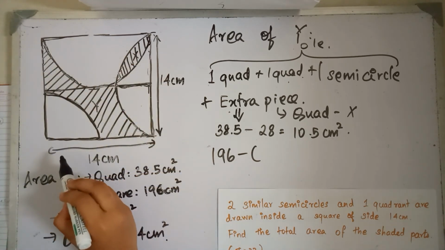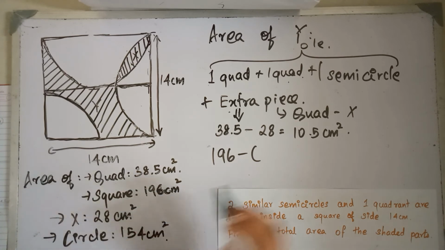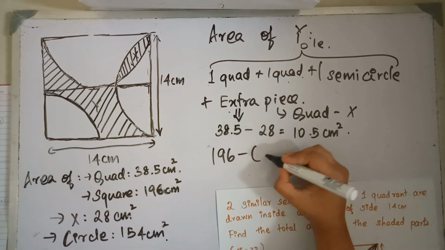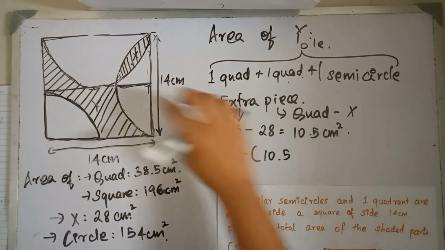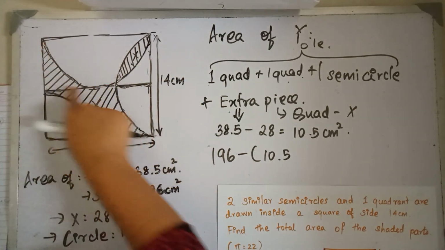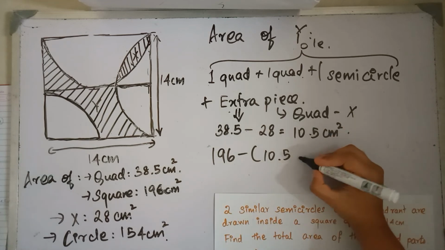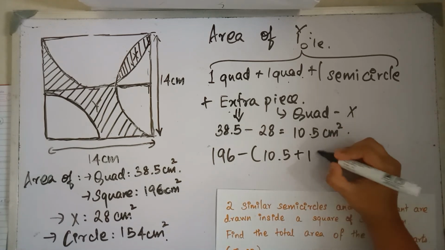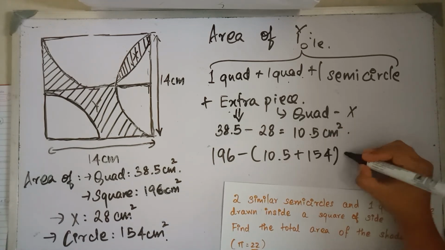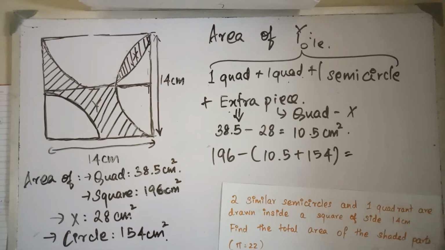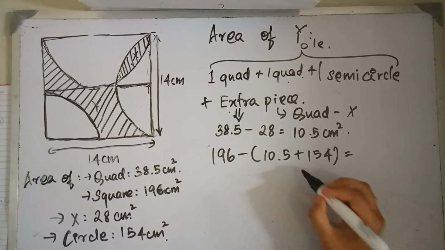Area of the whole square is 196, 14 into 14. So we are subtracting the area of the extra bit, this part, plus this circle. We get what? Region Y. We'll get region Y by solving this.